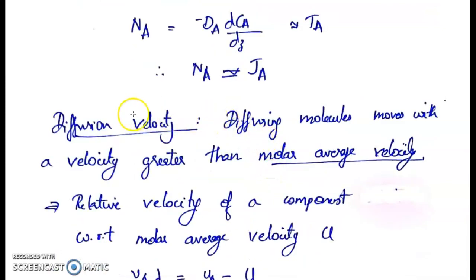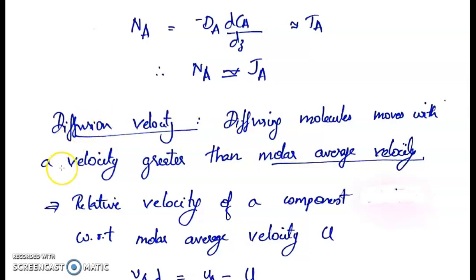Now let's introduce a term known as diffusion velocity. So I said diffusing molecules move with a velocity greater than the molar average velocity. Then only it will actually diffuse. Otherwise, it will be trapped inside the mixture. If it needs to diffuse out of the mixture, it should have a velocity greater than the molar average velocity.